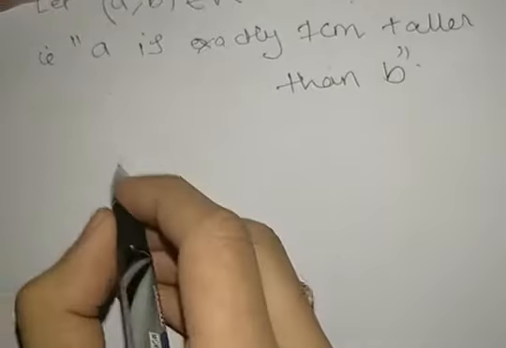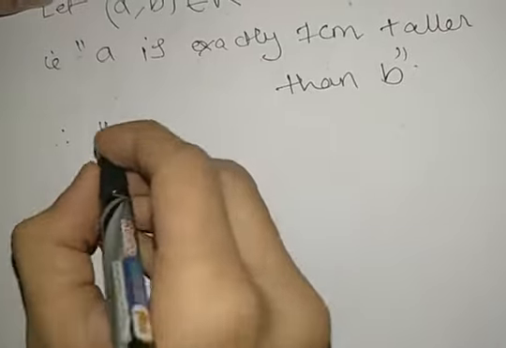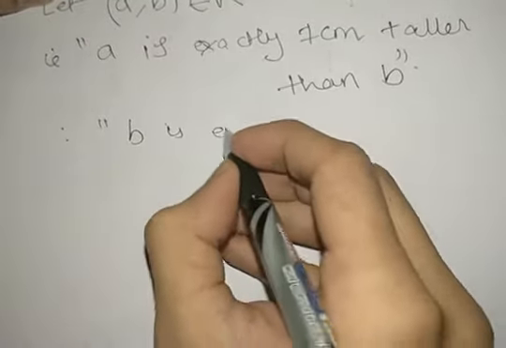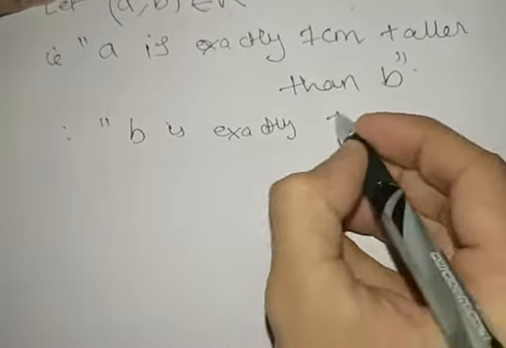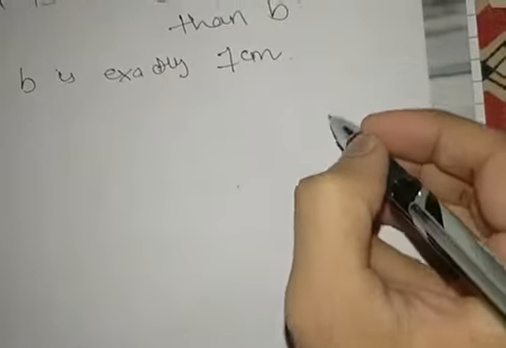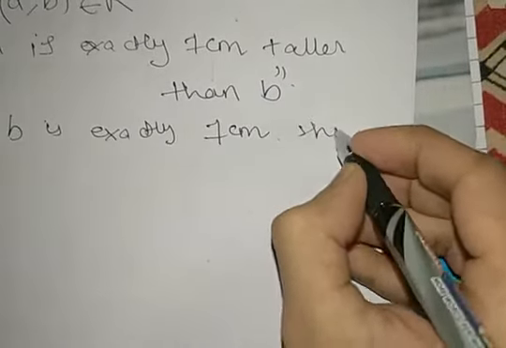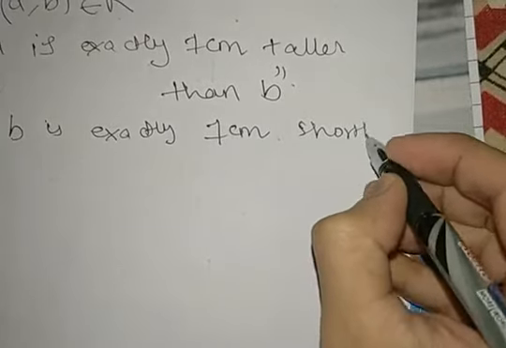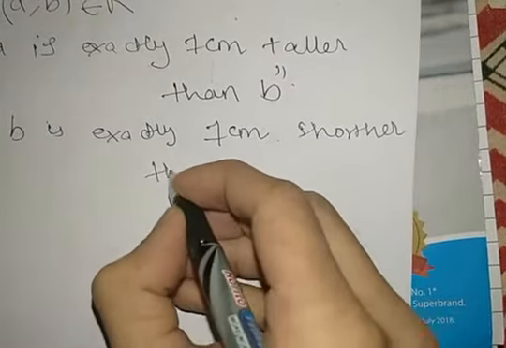Therefore b is exactly 7 centimeter shorter than a.